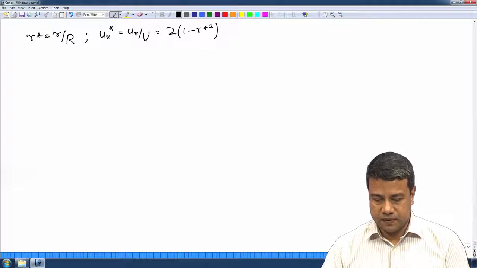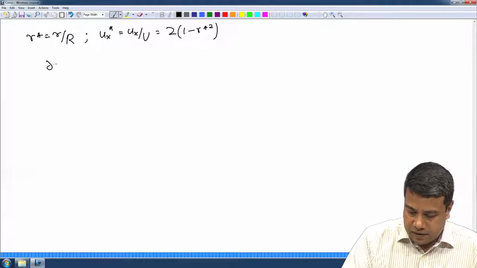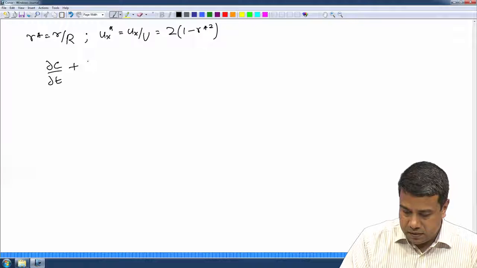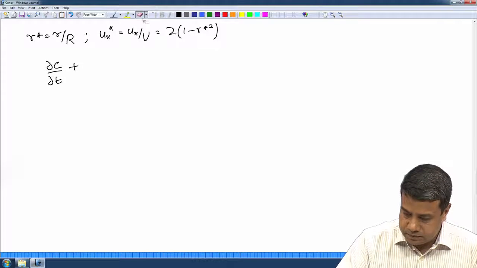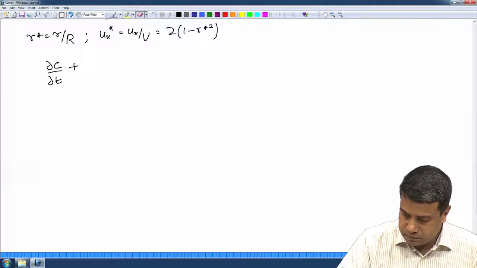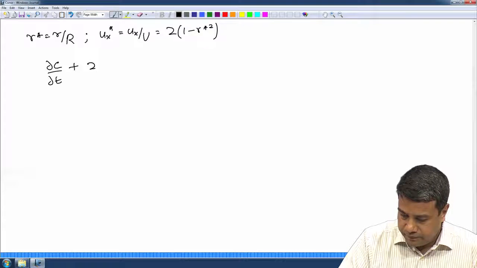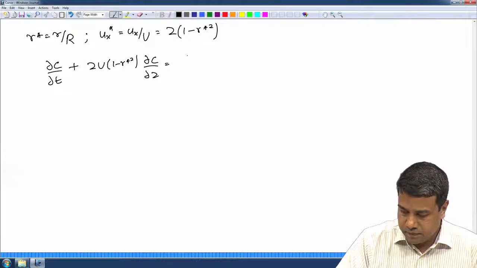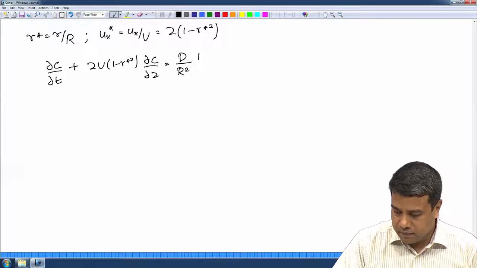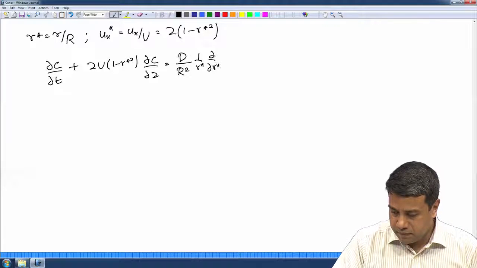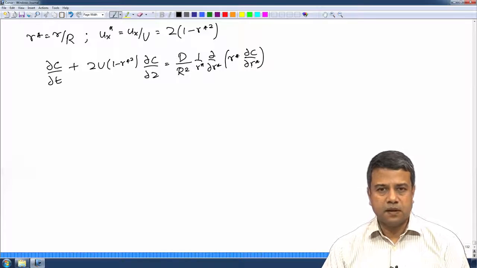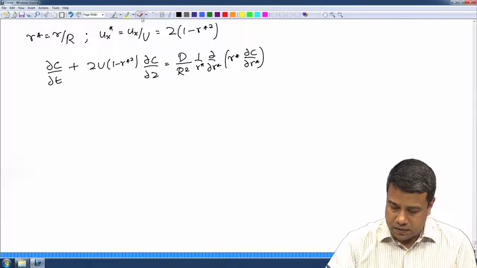So, I will have partial c by partial t plus, that is my equation. This should be x.